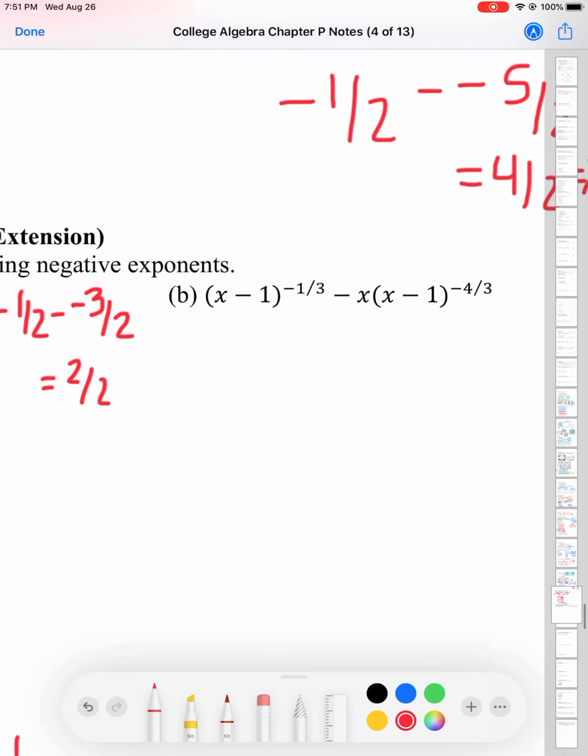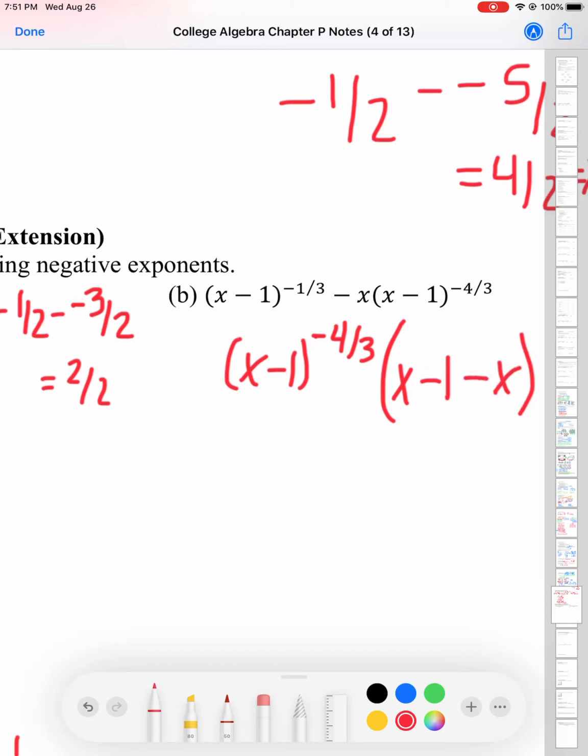This is really similar. I'm going to factor out (x minus 1) to the -4/3. And when I factor out the -4/3, I get (x minus 1) to the first power. So it's just x minus 1 minus x.